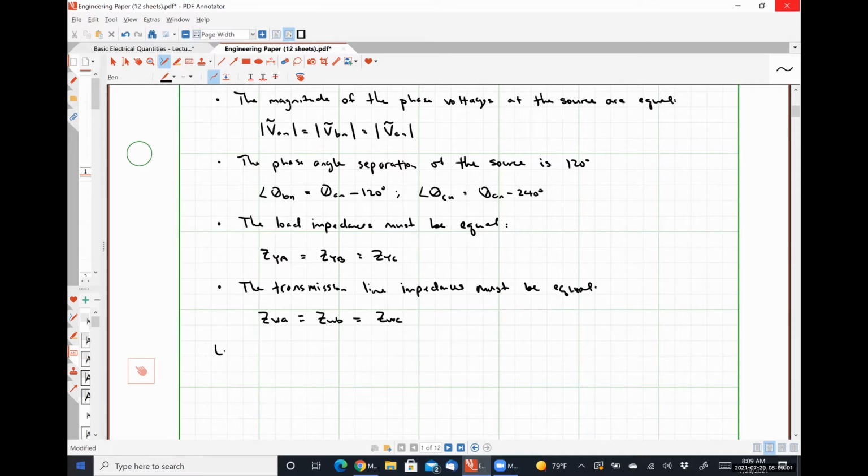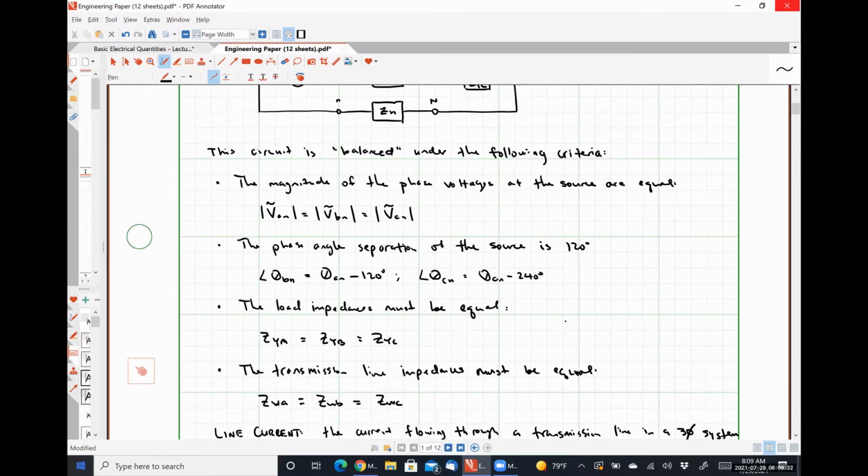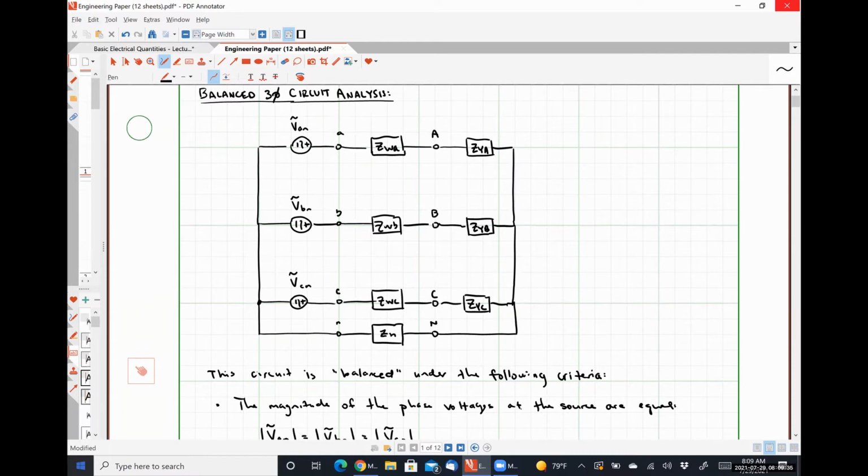A line current is simply the current flowing through a transmission line in a three-phase system. So I'm going to scroll up real quick to the top and identify my three line currents. Actually, there'll be four since there is a fourth transmission line here for the neutral.